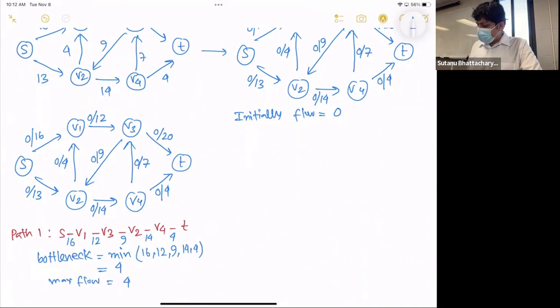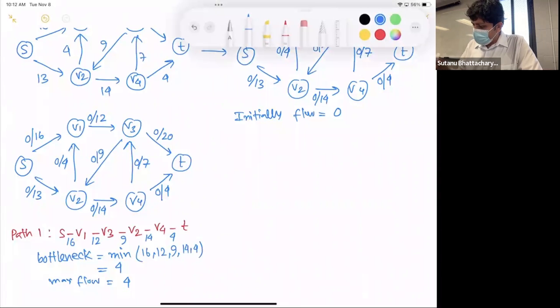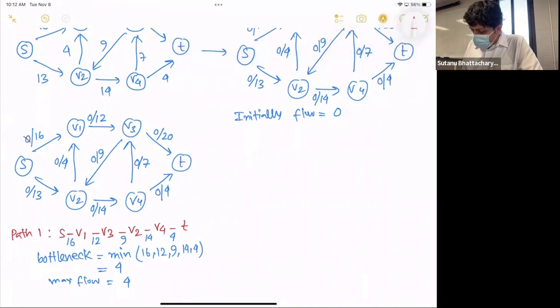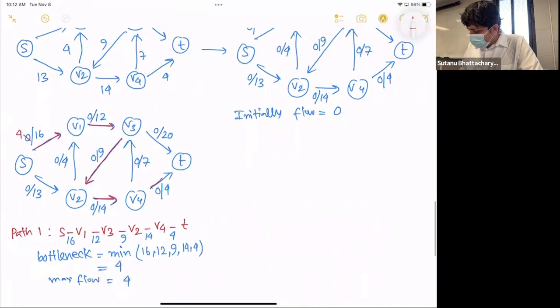So if flow is 4, we need to update this graph. We have chosen only this path. Everything else would be the same, no change. Only through this path of edges we need to modify the flow.